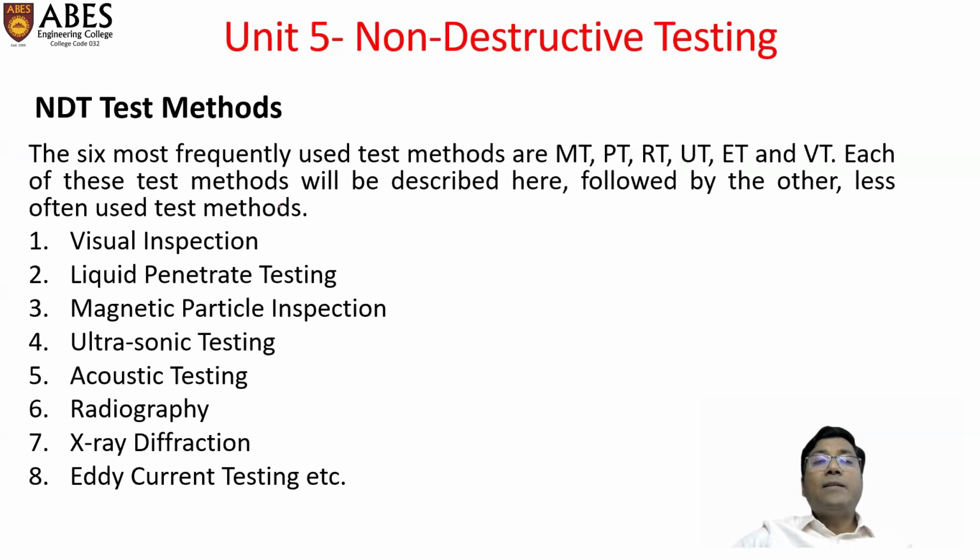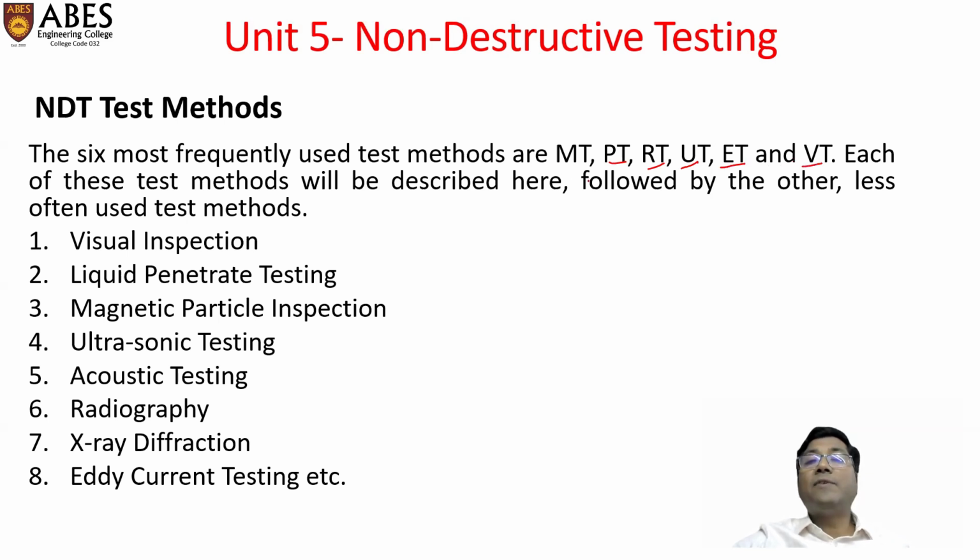So, in brief, what are the various common NDT test methods? The six most frequently used test methods are magnetic particle testing, penetrant testing, radiographic testing, ultrasonic testing, eddy current testing, and visual testing.